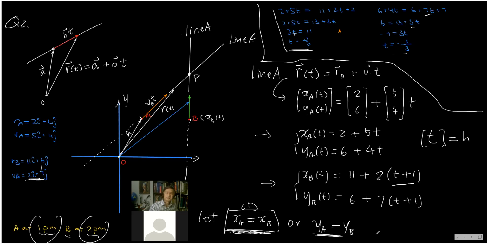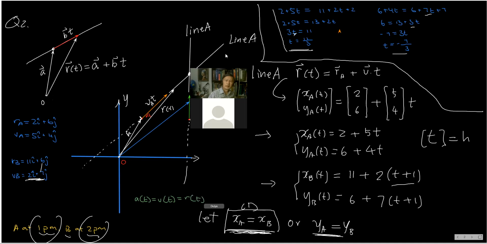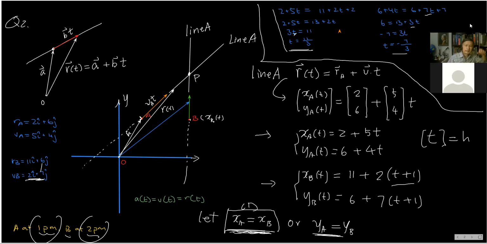Because it's like this formula, where this is velocity and this is displacement. We got velocity, and if we assume this is with respect to time, this will get r equals 5t plus 4tj.